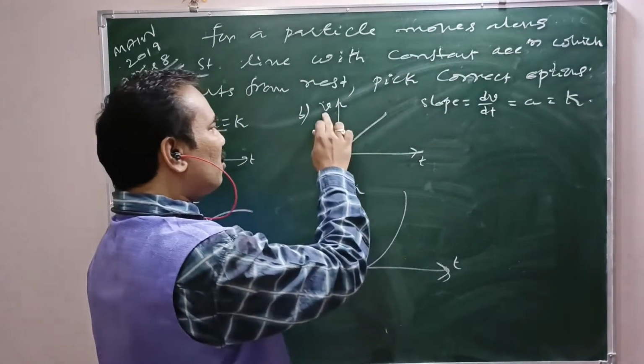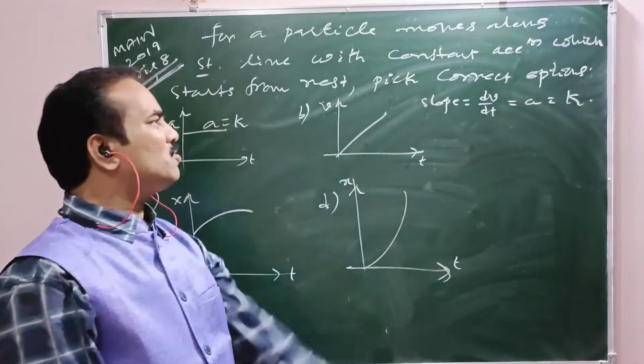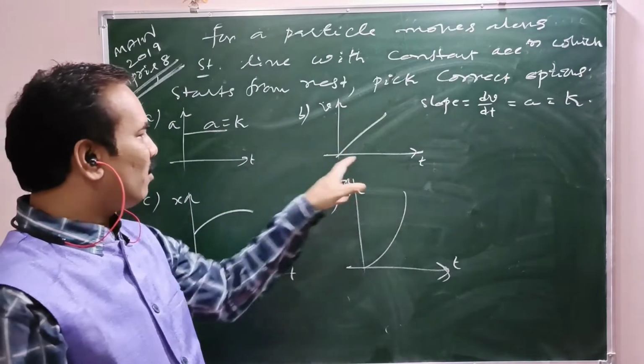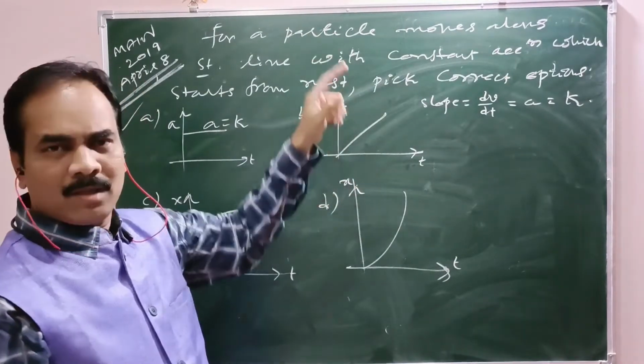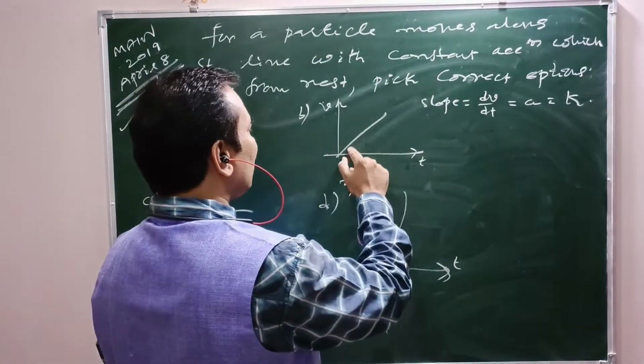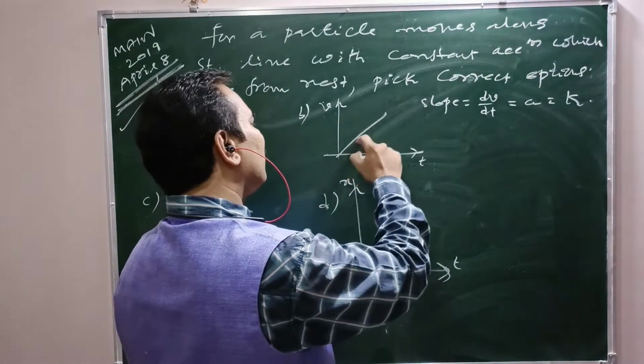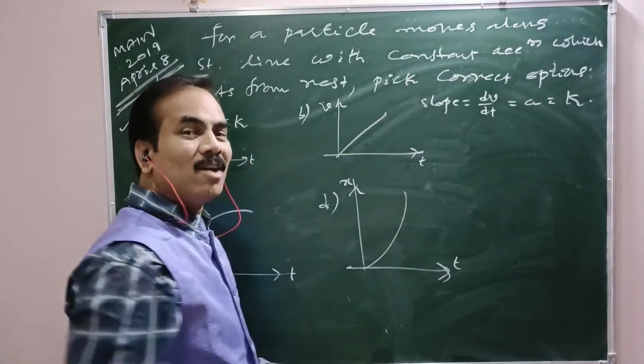See, the velocity versus time graph is a straight line passing through the origin. Here the slope is constant. Starts from rest means when t equal to 0, velocity becomes 0. So that is justified. Moreover, it moves with constant acceleration, meaning the rate of change of speed is constant, so speed increases at a constant rate.